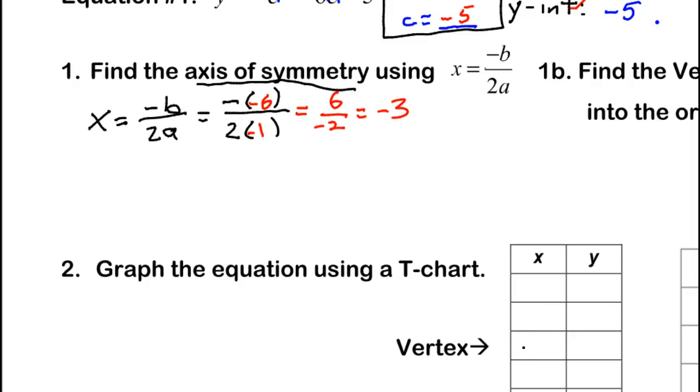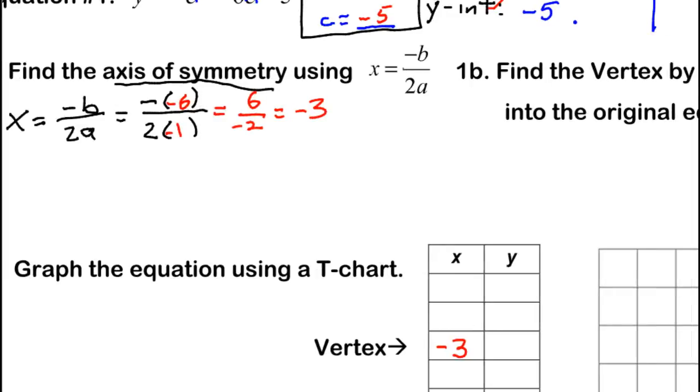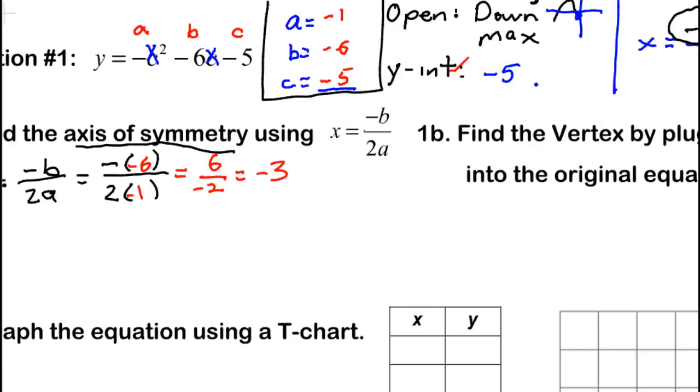And what does this mean? This is the x coordinate of the vertex. How do you find the y coordinate? That's what we have the equation for. So let's take our x value and plug it back in here, and we'll find out what y is.